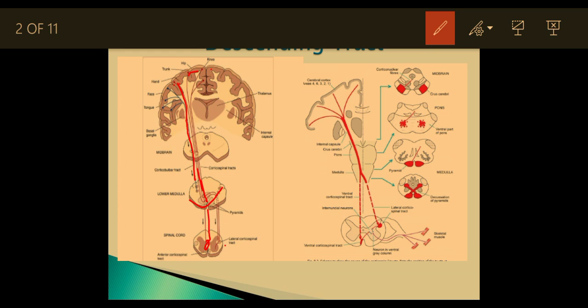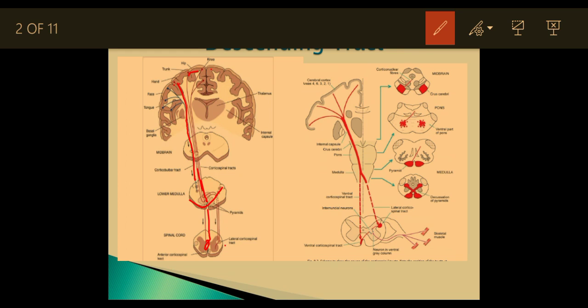The next example is the corticobulbar tract. For that, the primary motor neuron is present within the cortex level, and the termination nuclei, the lower motor neurons, are in the bulbar area, which means the brain stem.